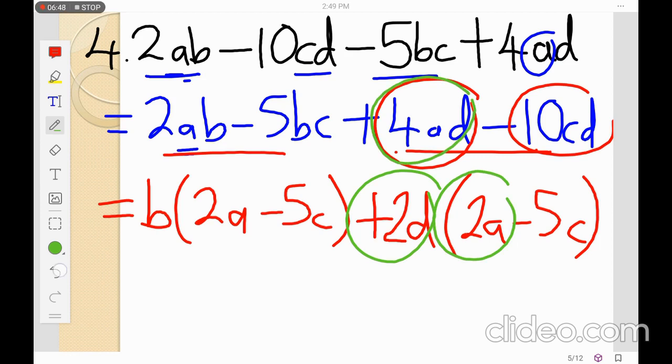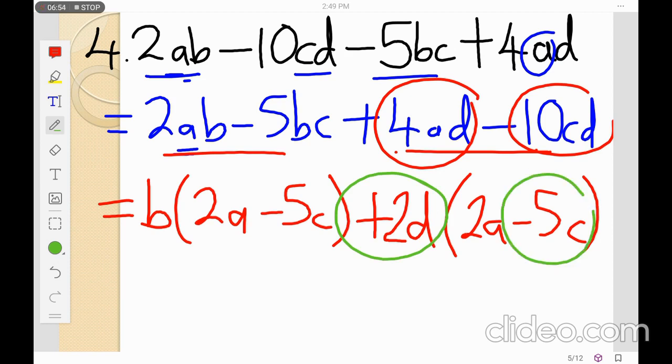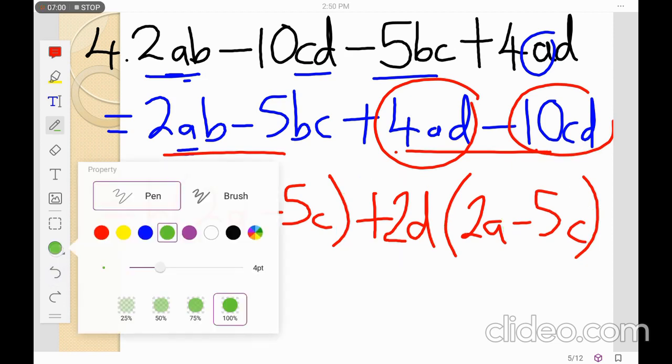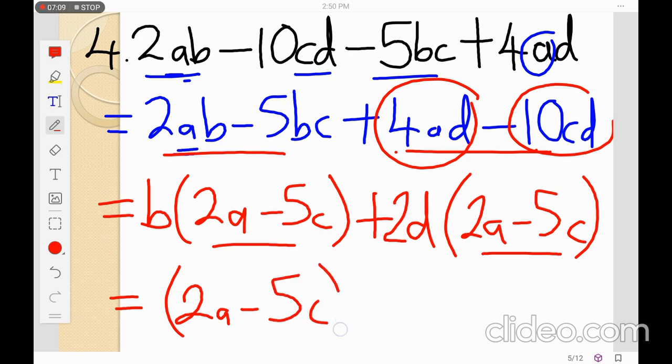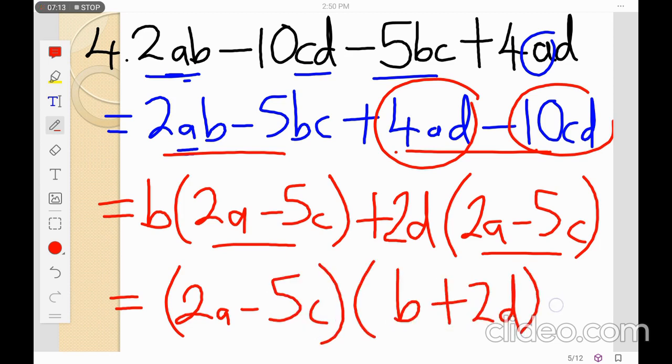Okay, and when I do the same for plus 2D by minus 5C, I get minus 10CD there. That's basically what we are doing. So now at the end of the day, since we have this group matching this other group, we can have it as 2A minus 5C times B plus 2D. Okay, like that. So this is our final thing there.